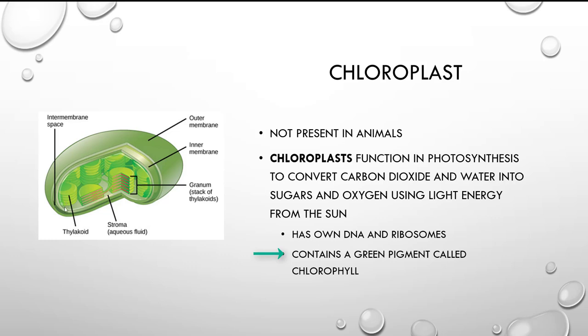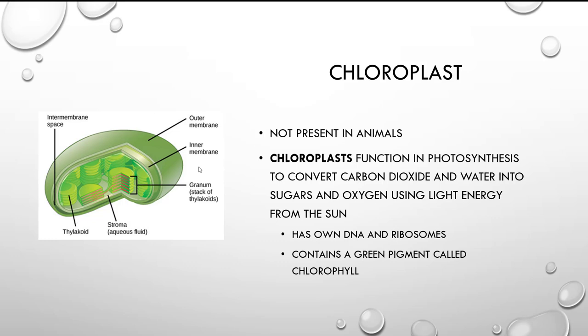So that green pigment chlorophyll helps absorb sunlight, and that light energy from the sun helps the plant convert carbon dioxide from the air and water from the soil into glucose. Okay, so it can take CO2 and H2O and convert it into C6H12O6, glucose. So it can make its own glucose through having one of these structures, the chloroplasts.